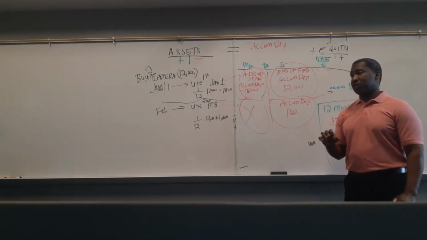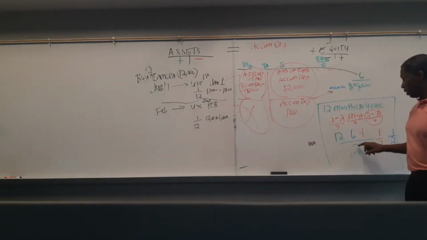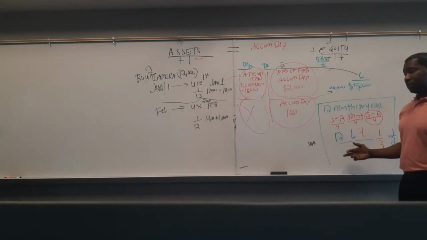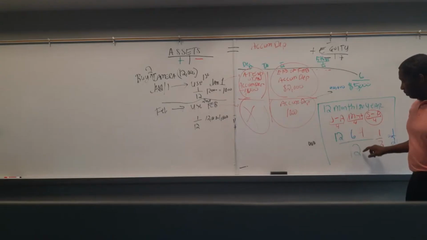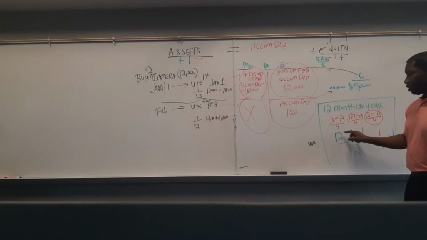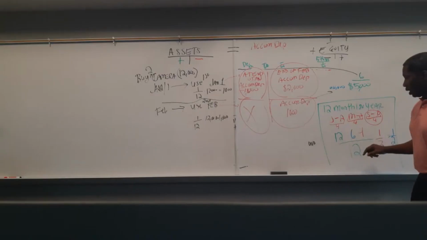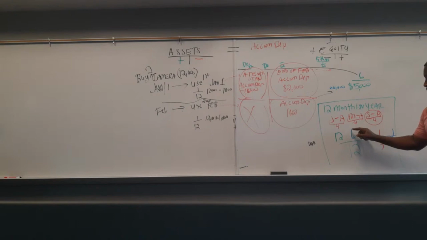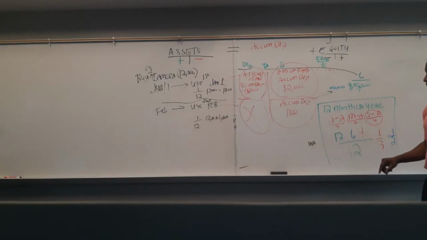Every month is always going to be, because we only have 12 months in a year, 1 out of 12. This here represents my accumulated depreciation for all of the year. If I only bought it halfway through the year, this would be my accumulated depreciation. If I bought it in September, I only have 4 months of total accumulated depreciation. So every month I add one.